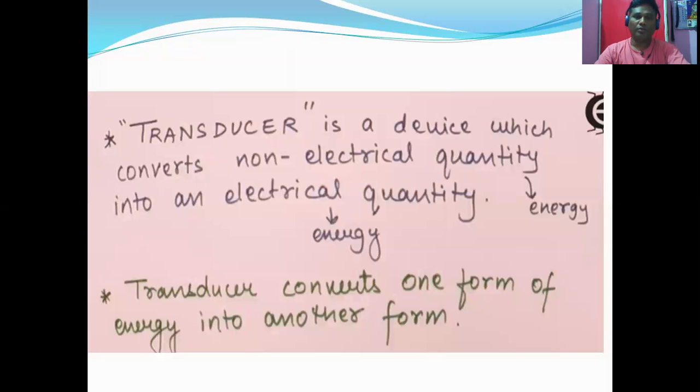Okay, so what is the basic definition of the transistor? A transistor is a device which converts a non-electrical quantity into an electrical quantity. The non-electrical quantity is one energy. That energy is converted to the electrical quantity, another energy. So the transistor converts one form of energy into another form of energy.